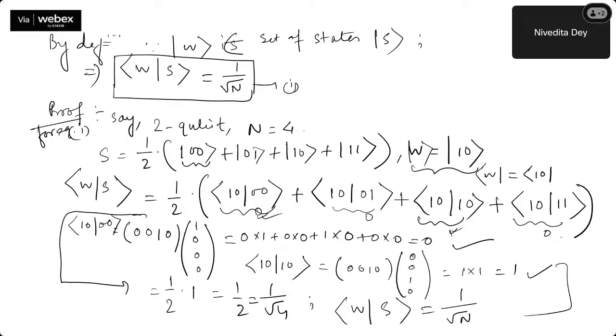Right? Now, post that, there is another operator. What is the first operator that we have seen? We have seen UW, which is I minus 2|W⟩⟨W|. This is the outer product form.